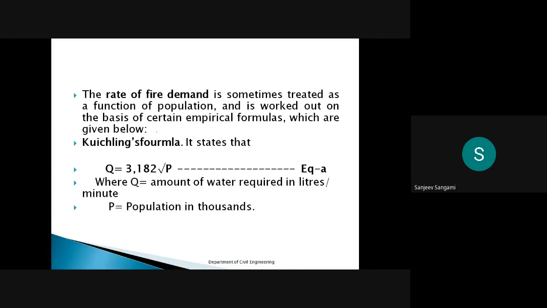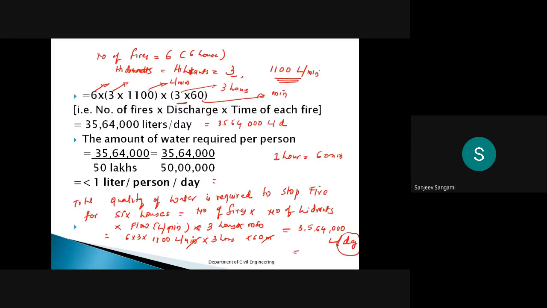So why have these formulas been developed? The only reason is that the previous calculations based on LPCD, based on the population, give us 1 liter per person per day. Sometimes it may not be correct, and whether it's 0.5 liters or 0.6 liters per day, to avoid this kind of problem, they have continuously studied and conducted research on how the fire demand can be calculated, not based on the per capita demand.